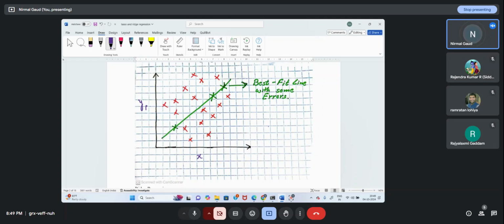So we are saying that this is a line with errors. And if there are many errors, then you have to take some step to reduce the errors. Many errors means the points are not coming on the line; they are coming far away from the line.